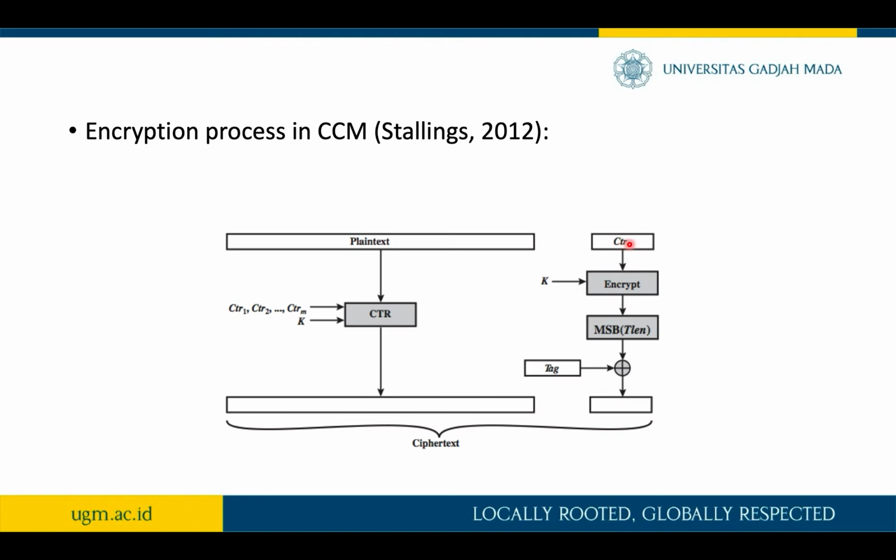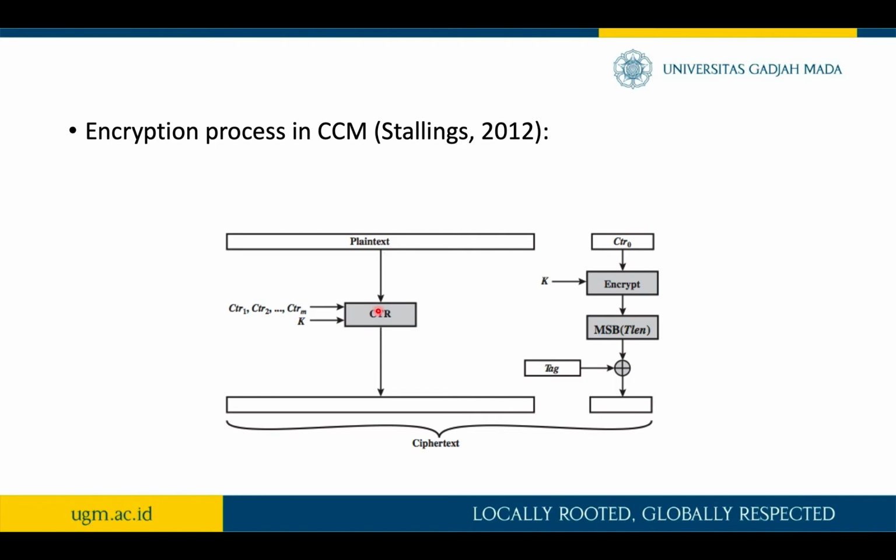As we already discussed before the midterm, counter 0 is encrypted using the key, and then it will be sorted with the tag. That becomes the encrypted tag. Encrypted tag here.